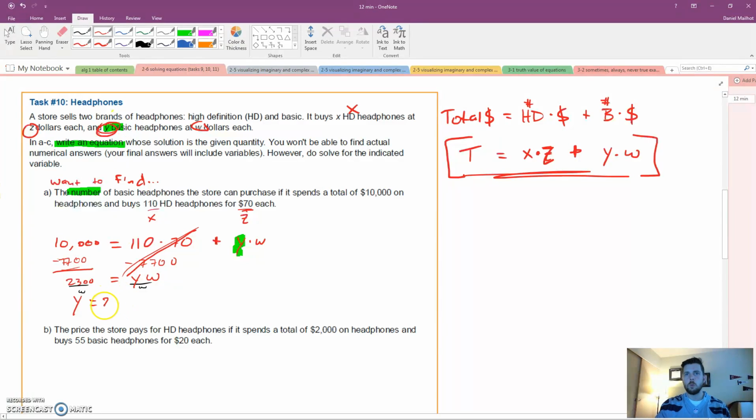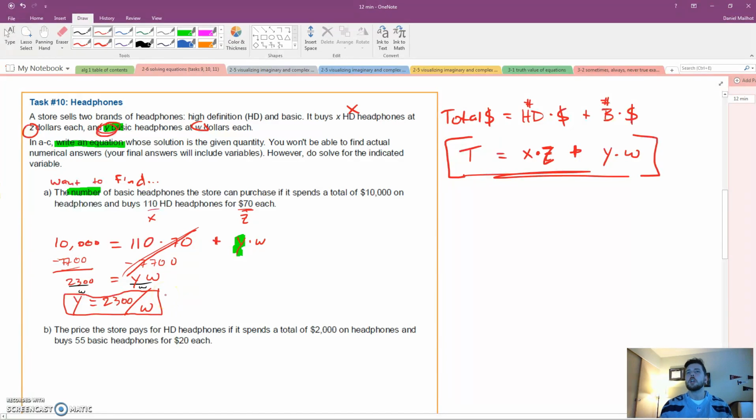So 2,300 divided by W. Think about what this means. The number of basic headphones you can buy is $2,300 divided by how much each one costs. You have $2,300 left to buy as many basic headphones as you can.